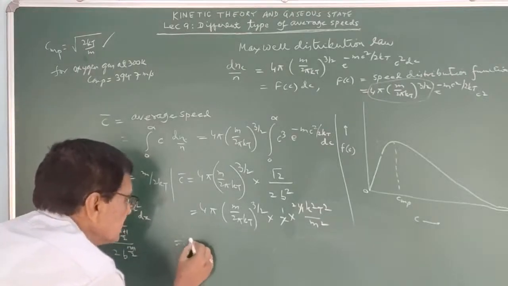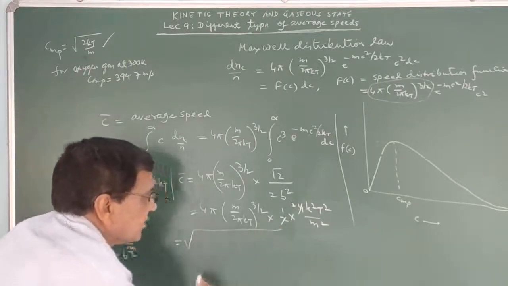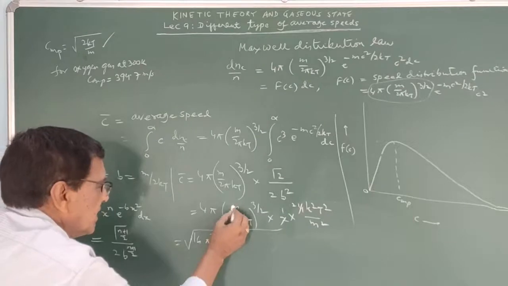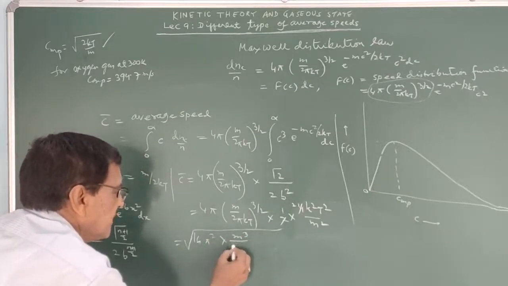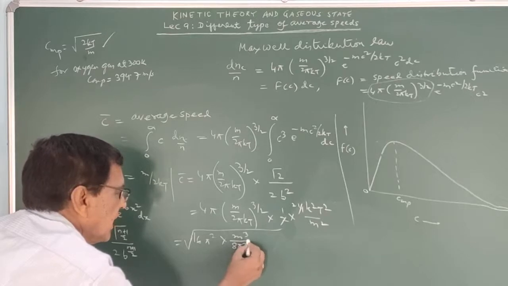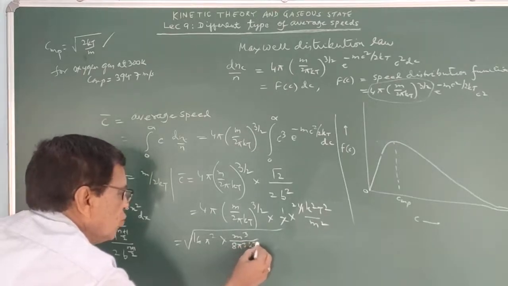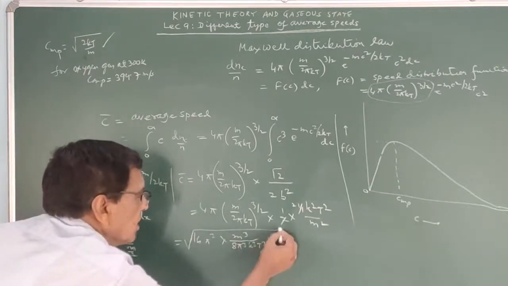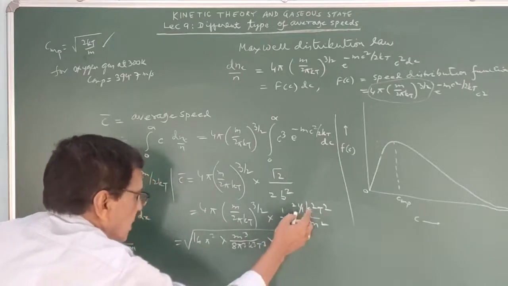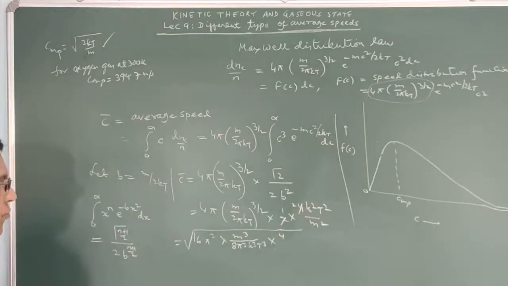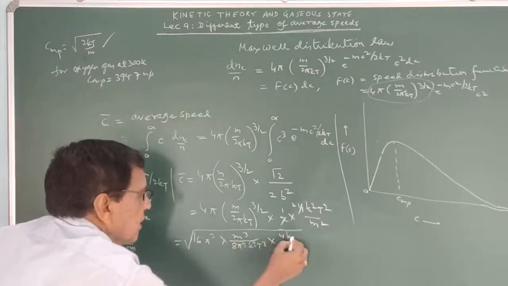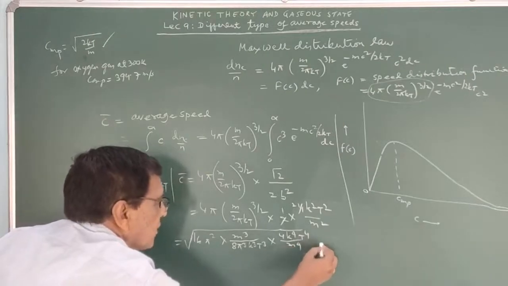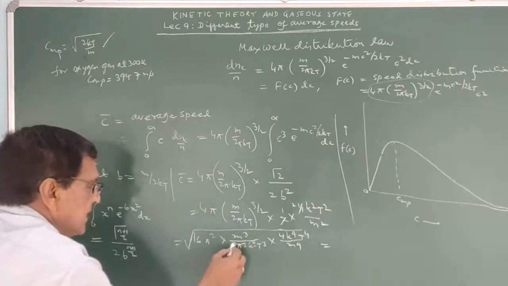If you write all this, then it will be 16 pi square, m cube, and here 8 pi cube, k cube, T cube, into 4 and k to the power 4, T to the power 4 divided by m to the power 4.